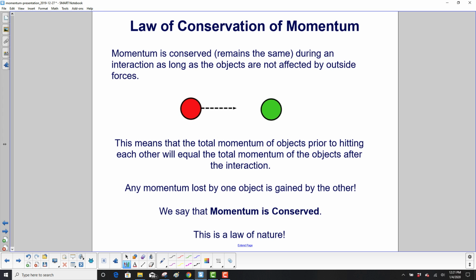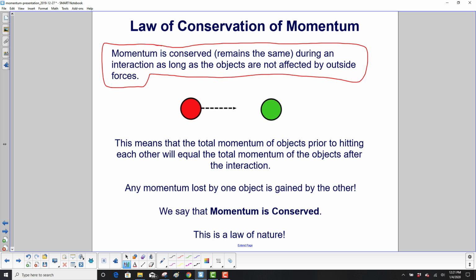We can now talk about the law of the conservation of momentum. As demonstrated by our little thought experiment, and also hopefully the cart experiment worked for you, momentum is conserved, which means it remains the same, it does not change, during an interaction, as long as the objects are not affected by outside forces. Say it in a different way.